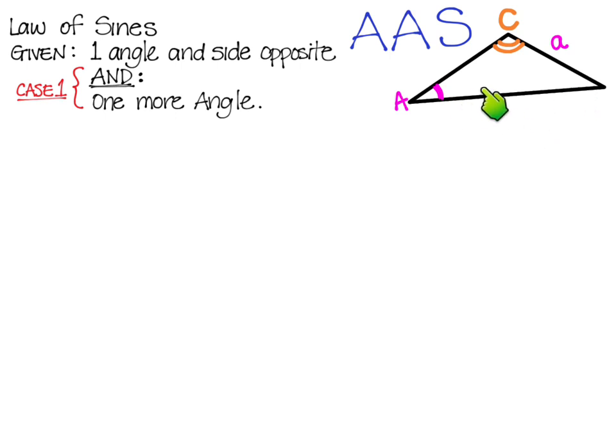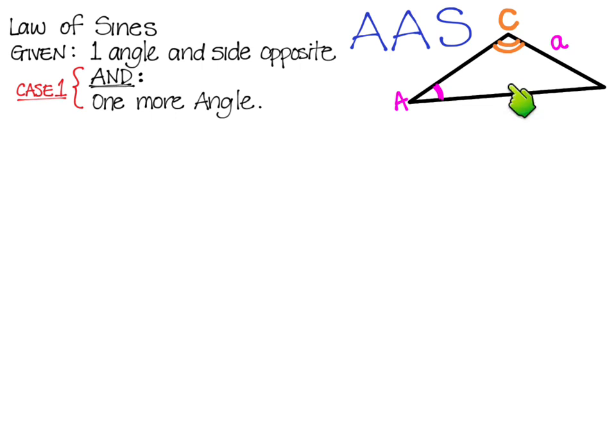So if you have an angle and a side opposite and one more angle, we have enough information to do what is called solve a triangle. Solving a triangle means we're going to find all three measures of the angles and all three measures of the lengths. And once we have all 6 of those pieces of information, we have solved the triangle.